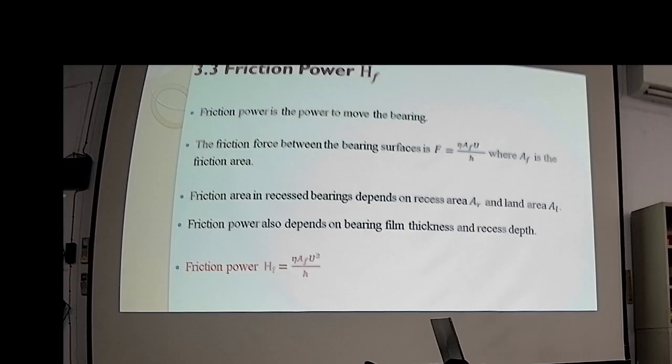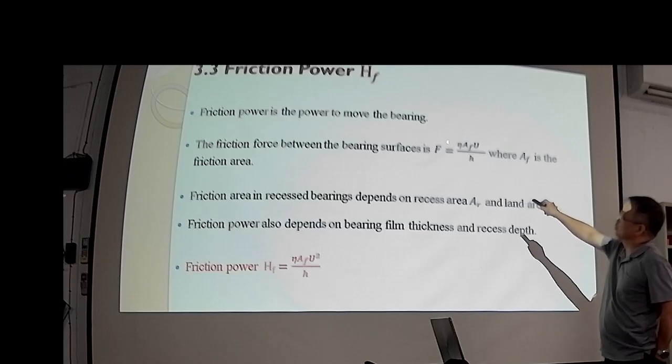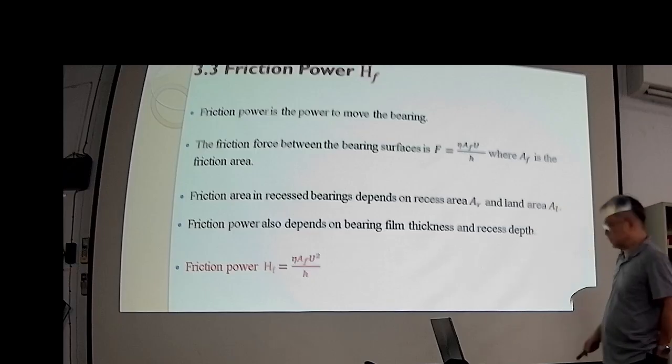And the total friction power is equal to F multiplied by the velocity.